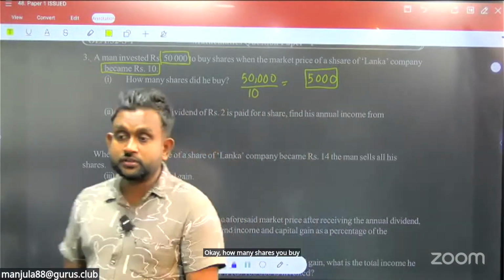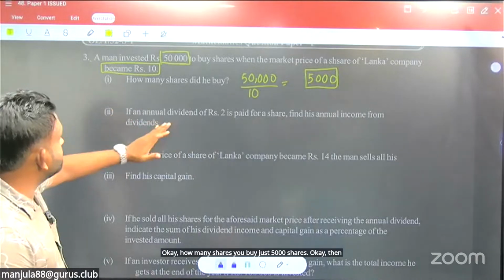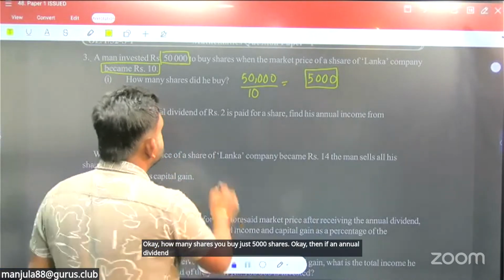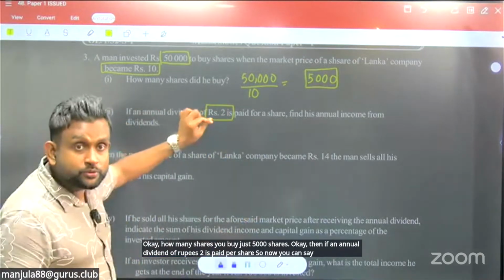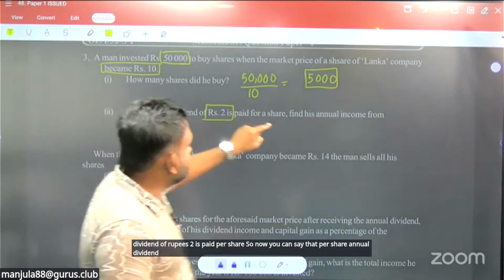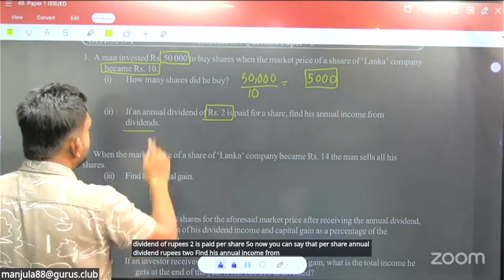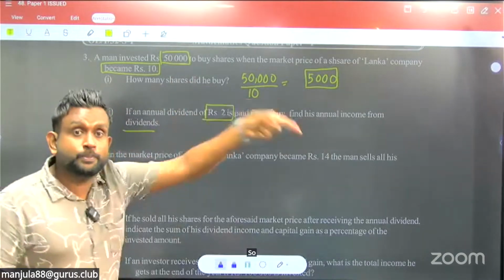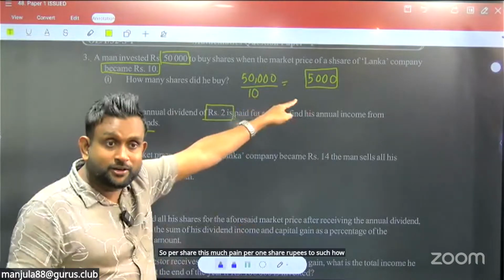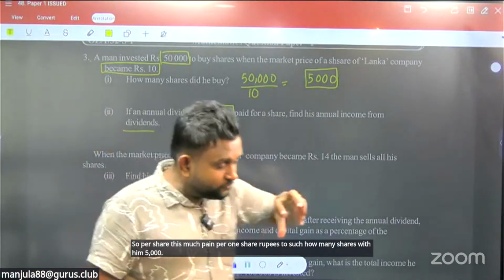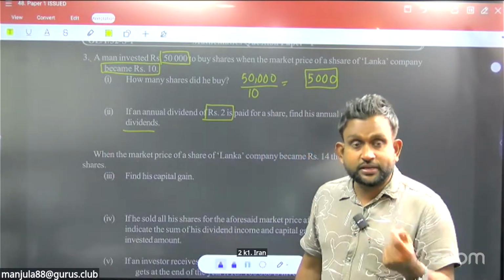How many shares did he buy? Just 5,000 shares. Then, an annual dividend of rupees 2 is paid per share. Find his annual income from dividend. Per one share, rupees 2 is paid, and he has 5,000 shares, and for each share, rupees 2 is paid per year. So per 5,000 shares, 2 into 5,000.